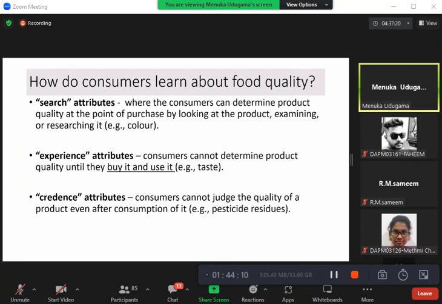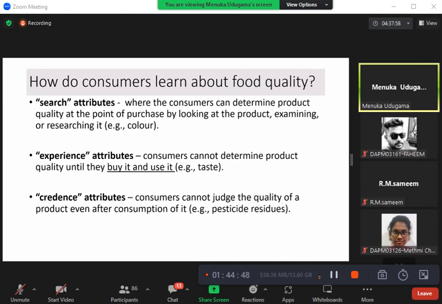The label would say this complies with these standards, but unless you do a lab test, in the local market, how can we determine the quality of the product? Even if you consume it, you cannot say, right? You can't distinguish whether this has actually used organic fertilizer or whether this complies with the maximum residue limits. So these are called credence attributes, right? 100% organic keyword, natural keyword. You cannot test it by consumption.